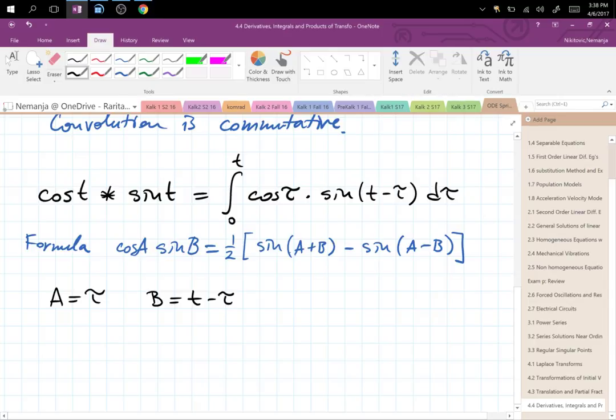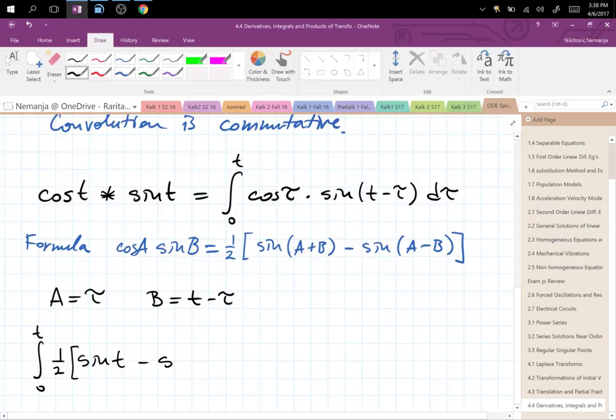So the integral from up there now becomes the integral from 0 to t of 1/2 times sine, and then what you have here is A plus B, so you need to add these two, so it's just sine t.